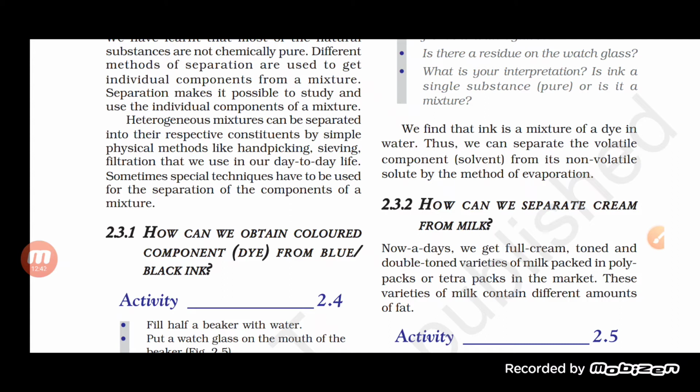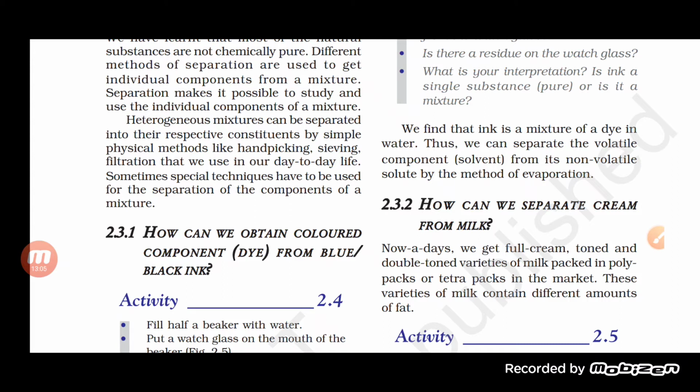What is volatile? A volatile component is one that evaporates at a very low temperature. A non-volatile component cannot be evaporated easily.